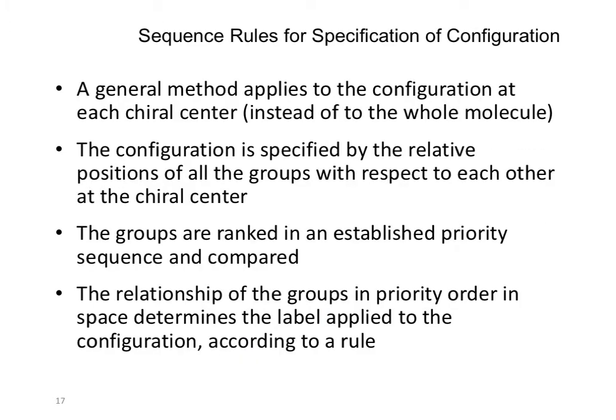All right, so let's take a look at specific configuration and assigning what is called the absolute configuration. We've discussed chirality around us. We have talked about how we would be able to look for it in the lab.